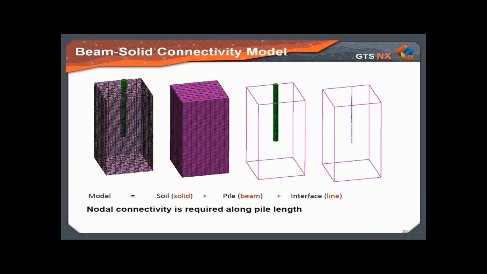This beam element is fully connected to the soil around. We have to have full nodal compatibility between this beam element and the surrounding soil. And you can have a 1D interface connecting this beam element to the surrounding soil. So again, the nodal connectivity still has to be ensured.